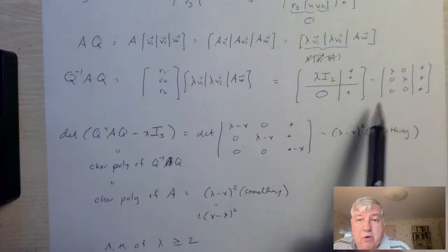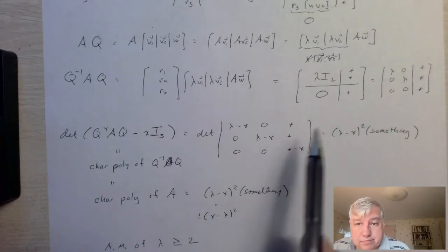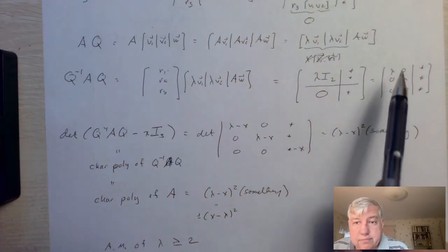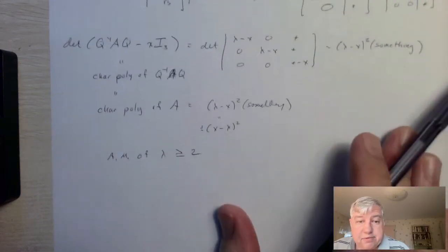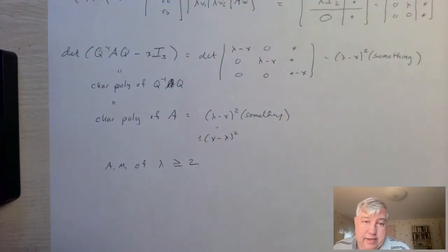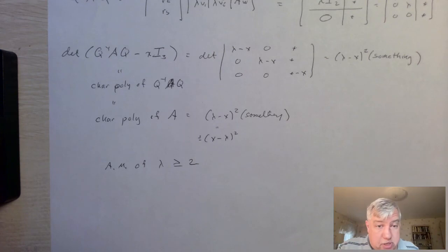So that's why Q inverse AQ is always going to be a matrix like this. So that's the idea of why the geometric multiplicity is always less than or equal to the algebraic multiplicity. And see you next time.